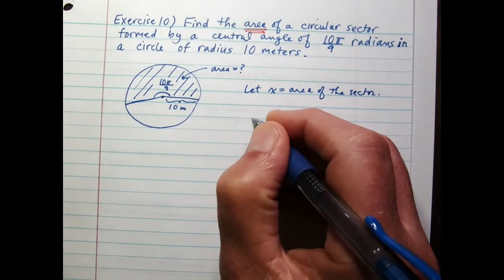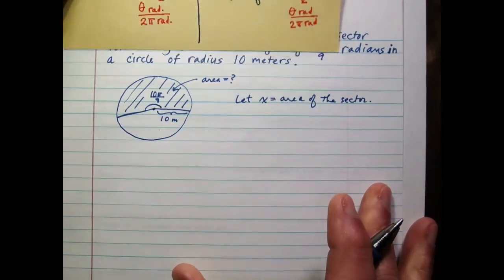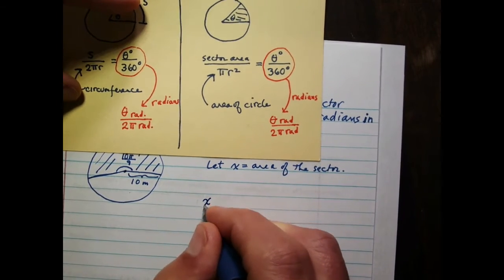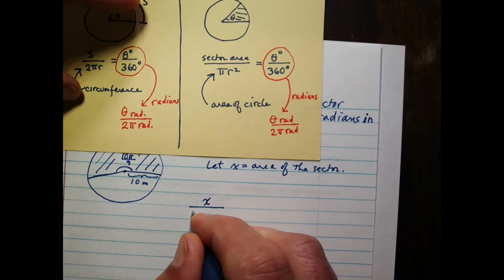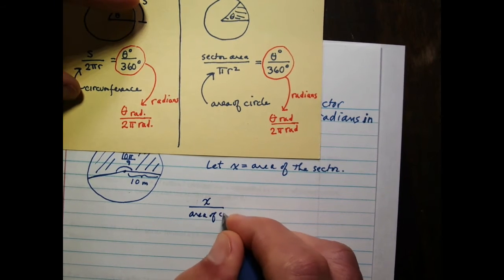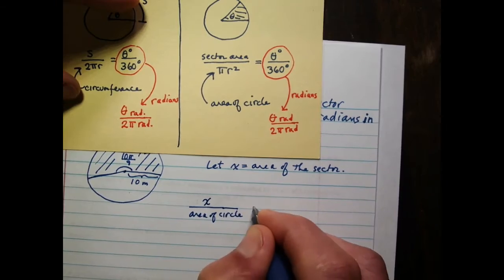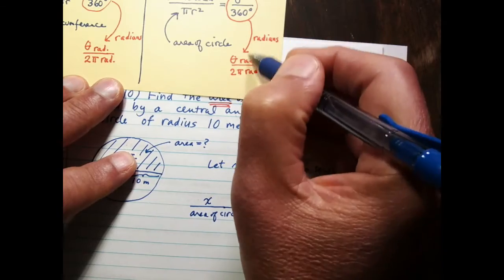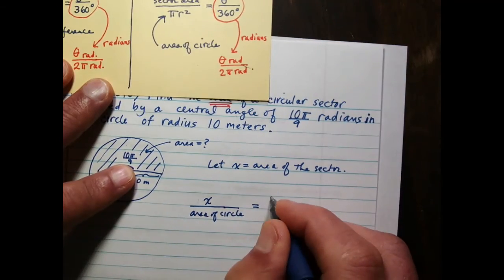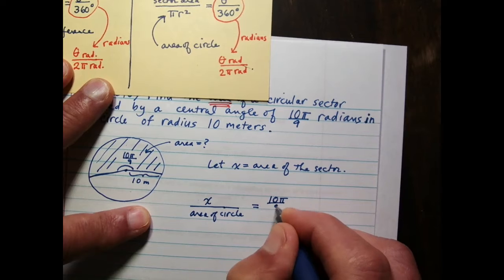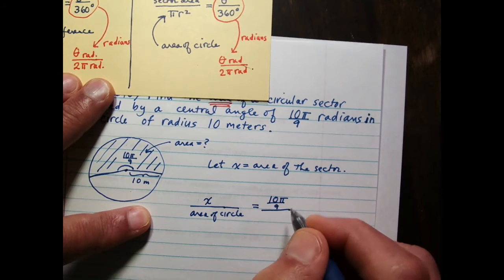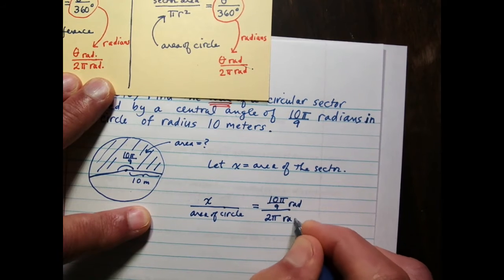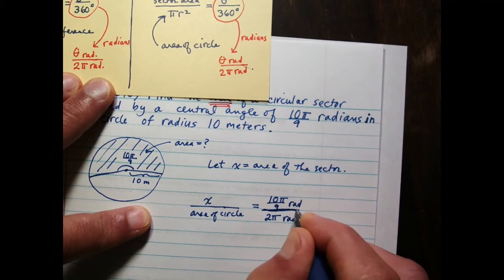If I set up a proportion here, I'm going to say x, the sector area, over the area of the circle is equal to, I'm not going to use degree measure, I'm going to use radian measure, the radian measure of the sector, 10 pi over 9, over the radian measure of full circle, which is 2 pi, instead of 360 degrees.